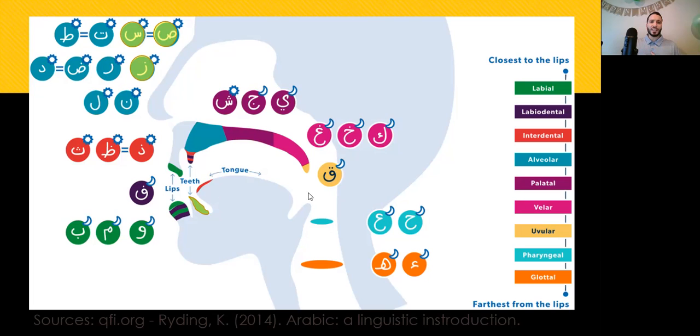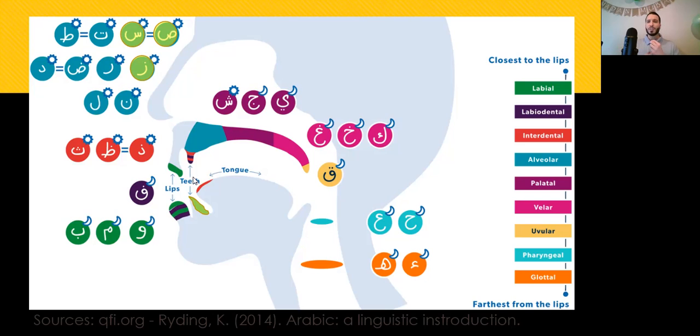So the air comes from deep within your mouth, hits the top of your palate, right close to your upper teeth, and also your tongue, and comes out like that.